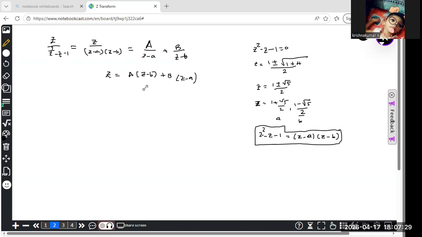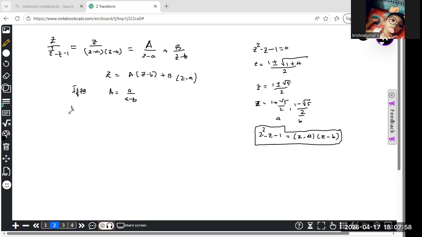And if z is equal to a, then this capital A becomes a divided by (a minus b), because if z is equal to a, then this term becomes 0. So that A will be this one.